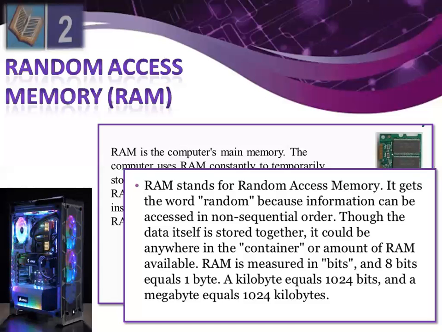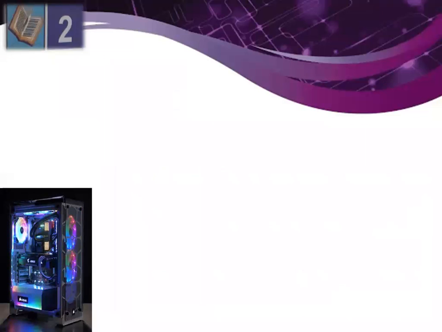A kilobyte equals 1024 bytes, and a megabyte equals 1024 kilobytes. So random means that if you want to select any location randomly, you don't need to go in sequence. So it's a non-sequential order. With the help of RAM, you can select any data location easily and randomly.